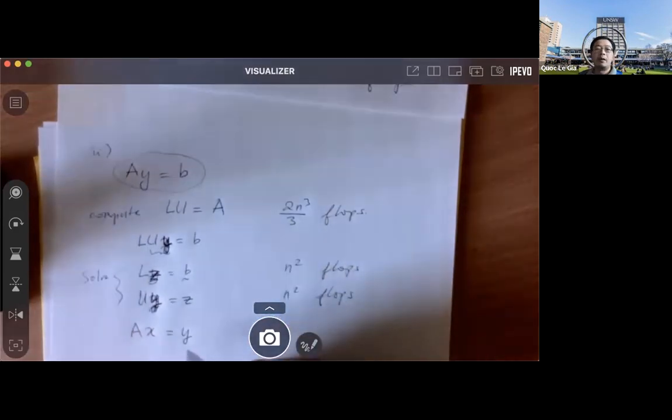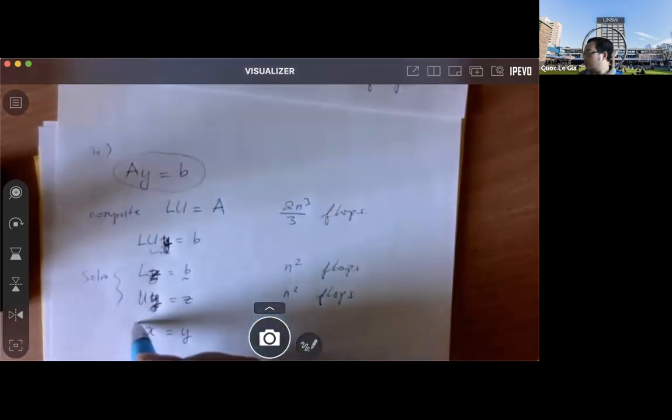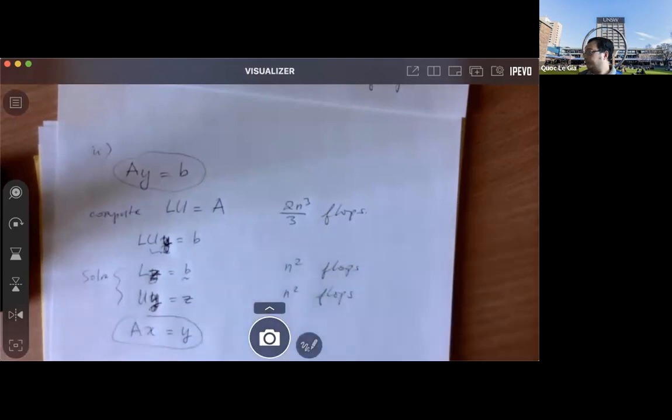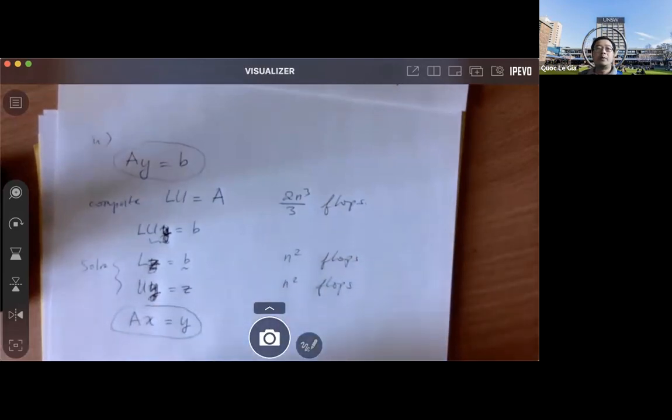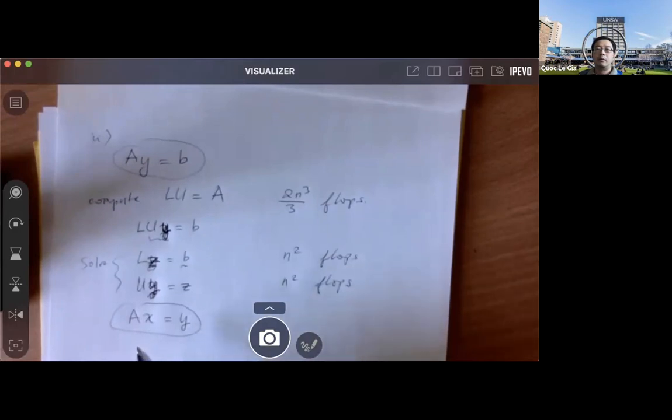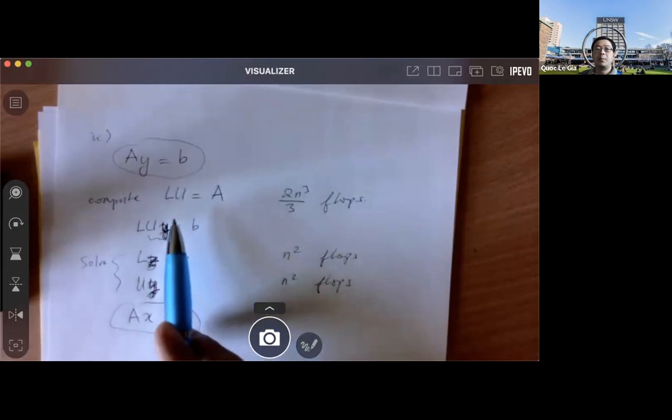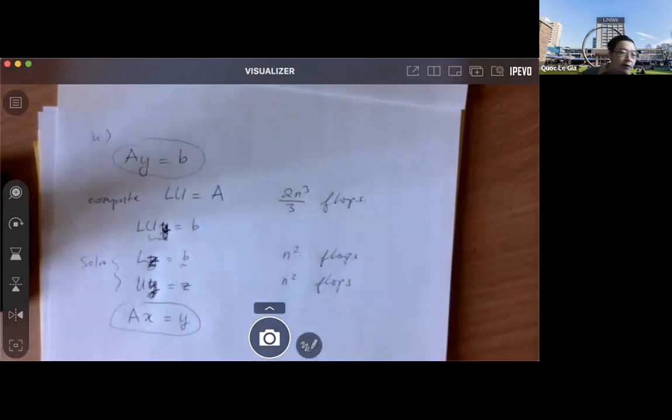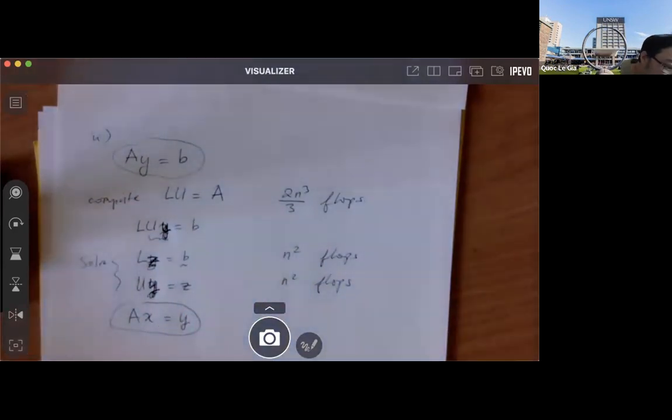But now you need to solve Ax equals y. Do you need to compute the LU factorization again? No, right? Because you have it here already. The matrices L and U have been computed.